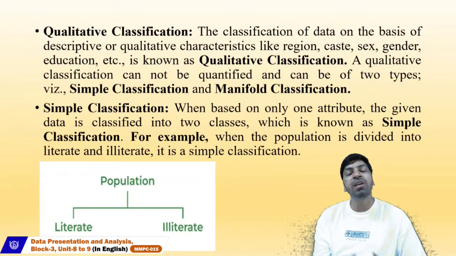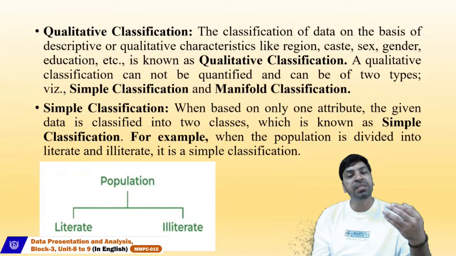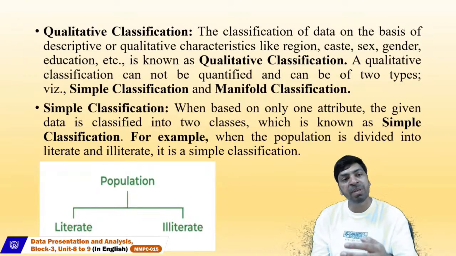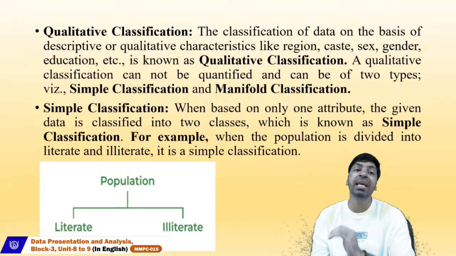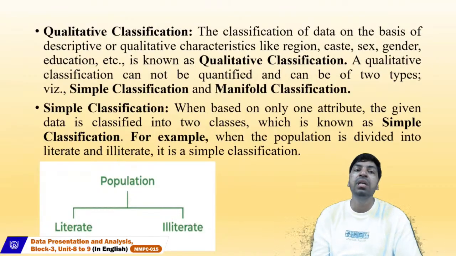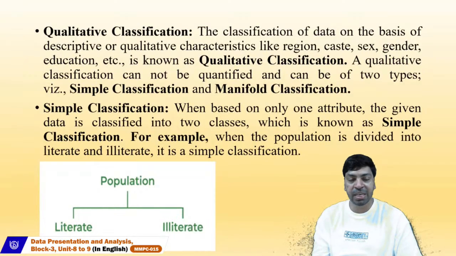So when the classification of data is based on descriptive characteristics, that becomes a qualitative classification. Qualitative classification cannot be quantified, but it is based on two main types: simple classification and manifold classification.